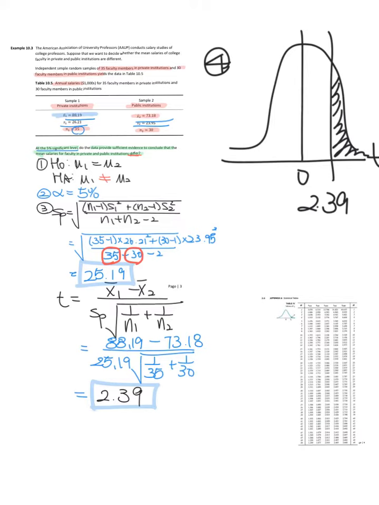Now we need a degree of freedom for the t distribution. How much would it be? Did you take an average of the two? No, it's not average. 63. Why? Add them together and subtract 2.